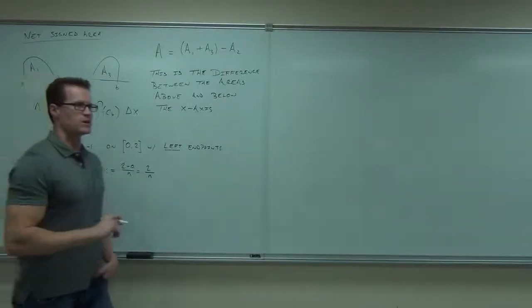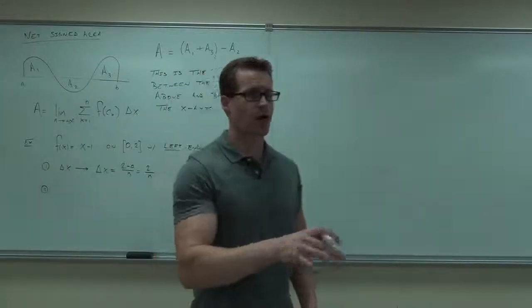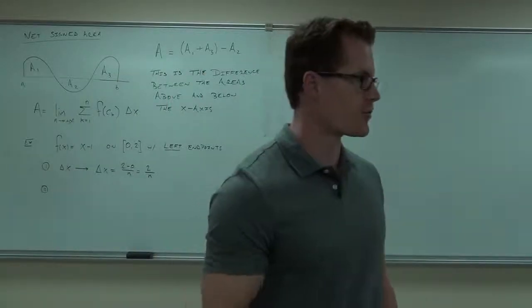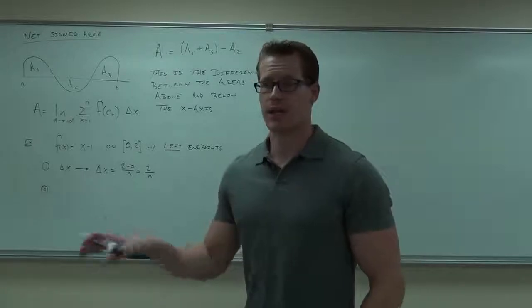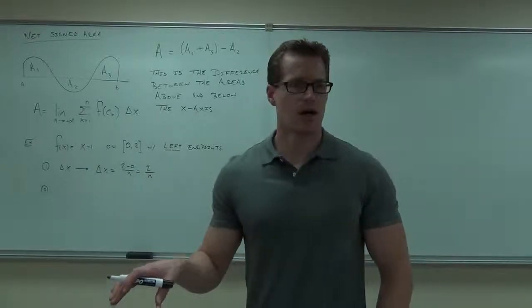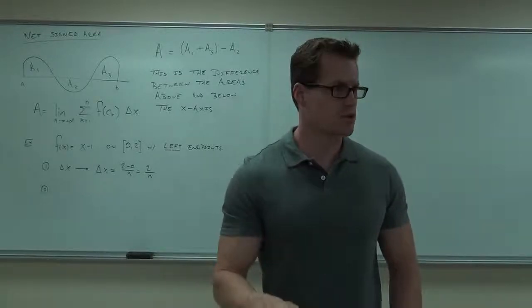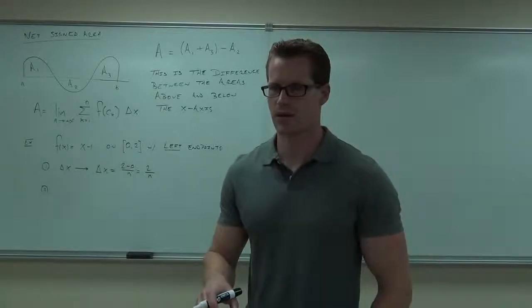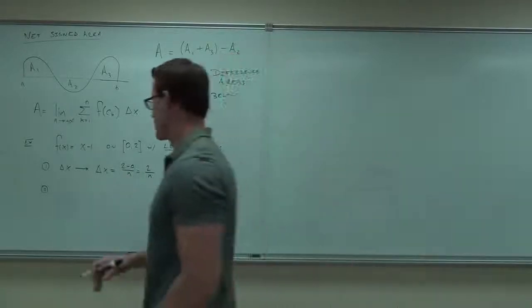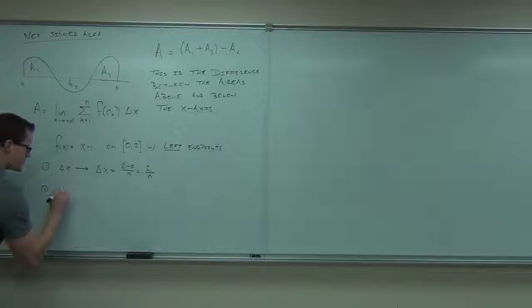The next step is you got to find c sub k or x sub k, whatever notation you prefer. I don't care how you do it. I've called it x sub k in the previous lessons. The book will call it c sub k. Would you like me to use c sub k so you kind of see that? Okay, I'll use c sub k if you like. So the next is find c sub k.